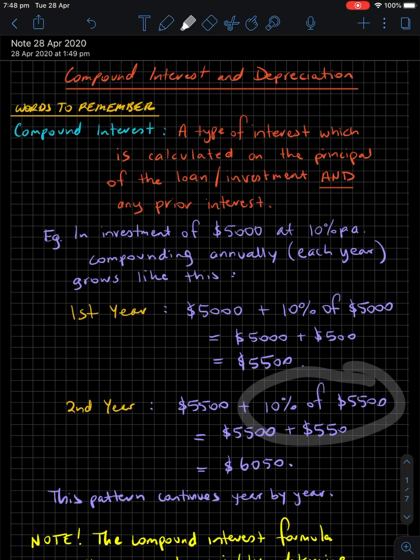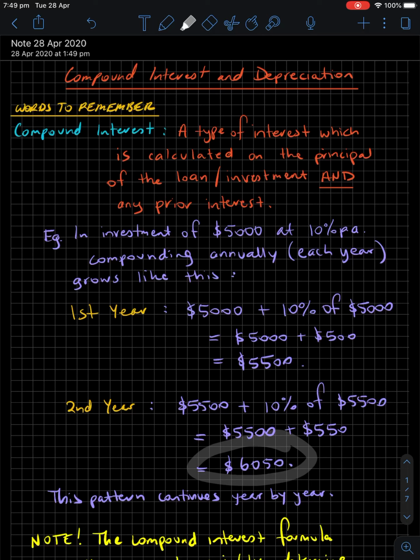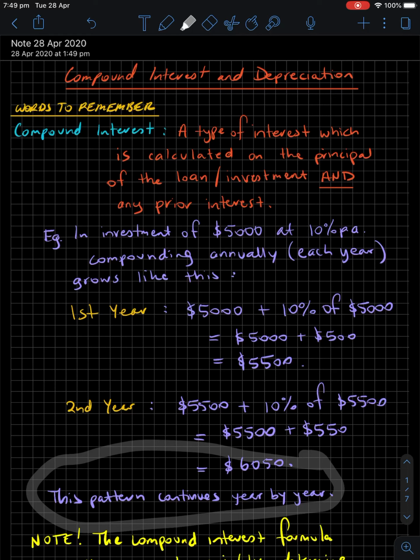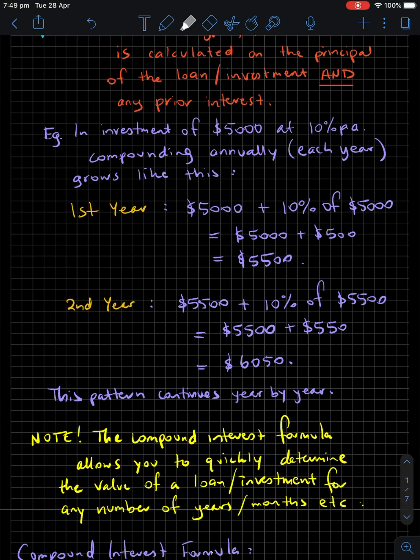So 10% of 5,500 is $550. You add that on to the 5,500 and you get the value at the end of the second year, 6,050. Then you would find 10% of this new number and add that on. That pattern continues year by year, and that's what compound interest is.